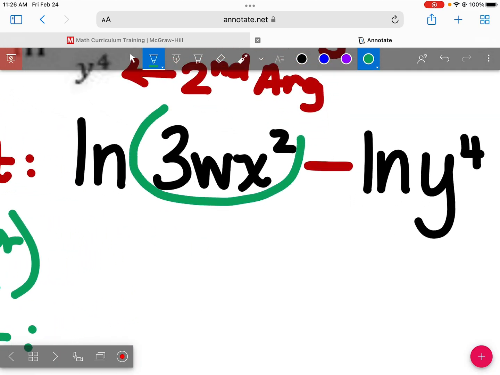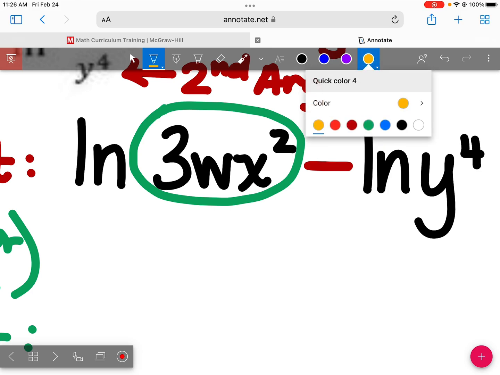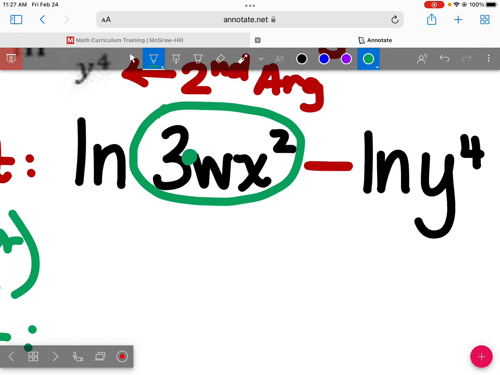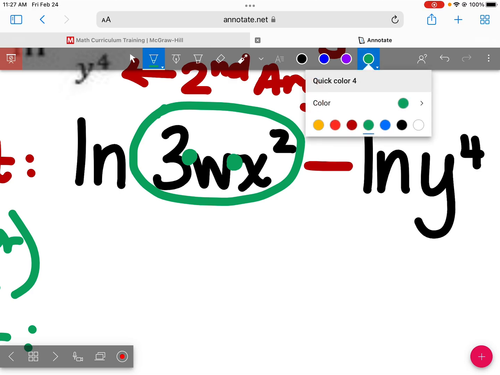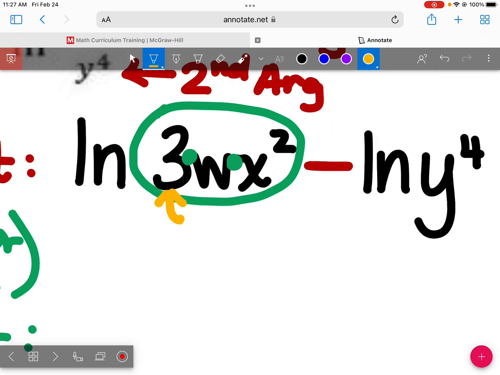Here's my first argument. Is there any multiplication happening there? Yes. How many things are being multiplied? 3. 3 is being multiplied to the w, and w is being multiplied to the x squared. There are 3 things here that are being multiplied together.